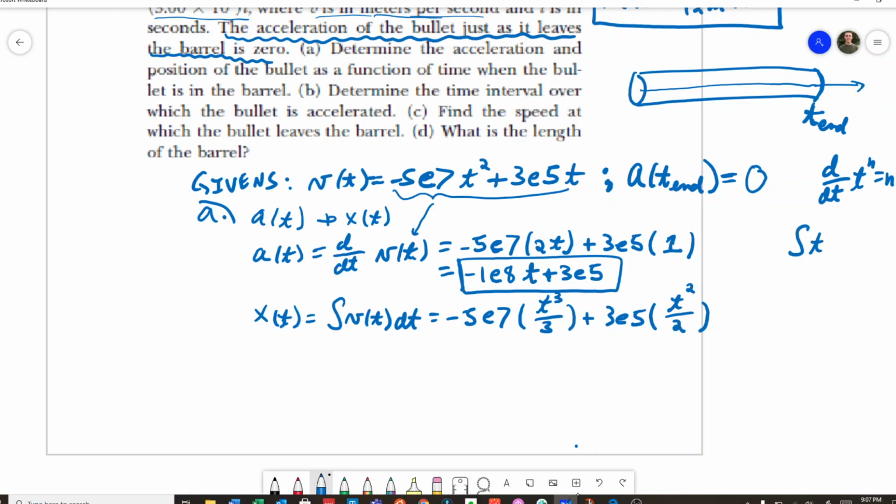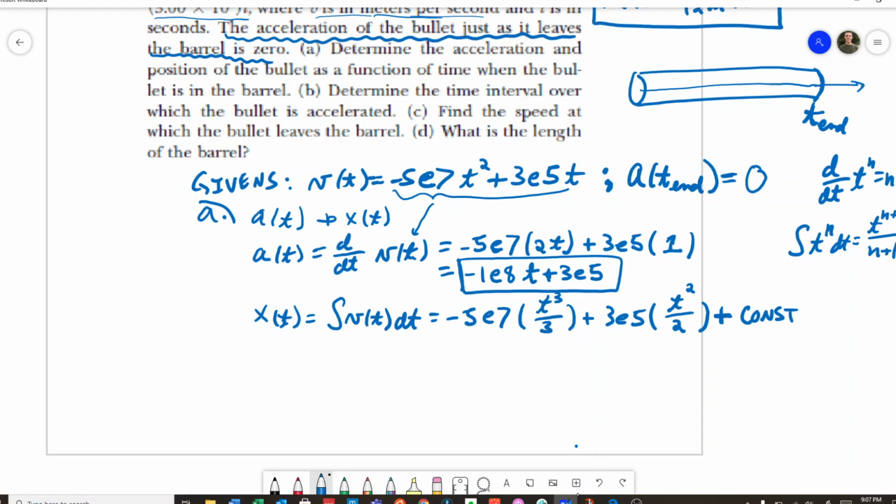Because the integral of t to the n dt is equal to t to the n plus 1 over n plus 1. All right. And last, and very importantly, we also have a constant, an arbitrary constant.